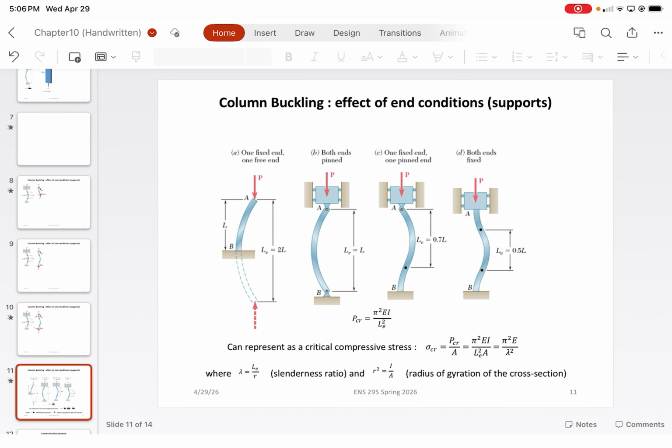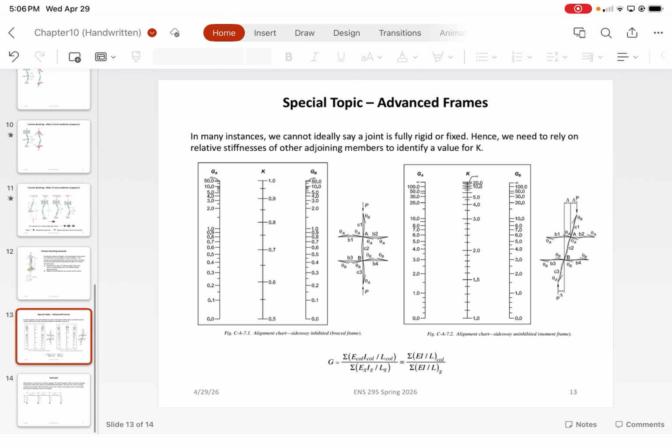We showed last class that these buckling coefficients were based on ideal boundary conditions like fixed end and pinned. What I wanted to show you today, which isn't really traditional as part of the column buckling you would see in practice, or in your textbook I should say, is this advanced frames aspect of column buckling. What do I mean by that? That's when you don't exactly have ideal conditions. For example, in a building frame, you may have two beams going into a column, which then vertically translates downwards.